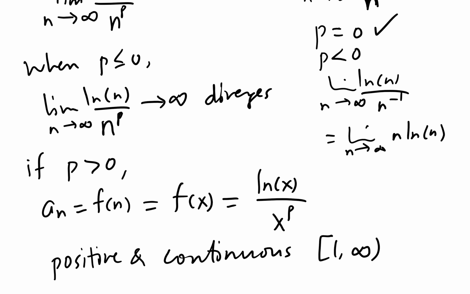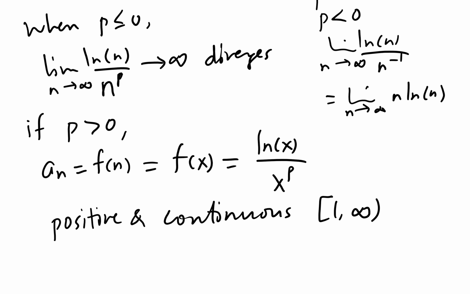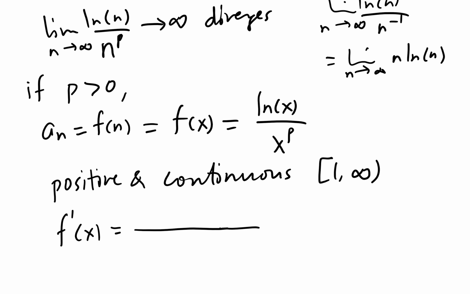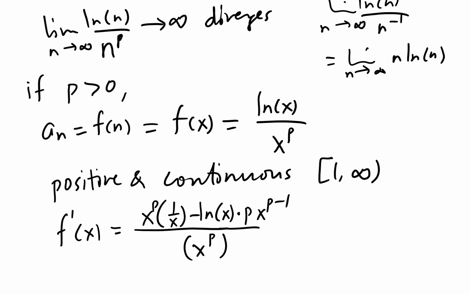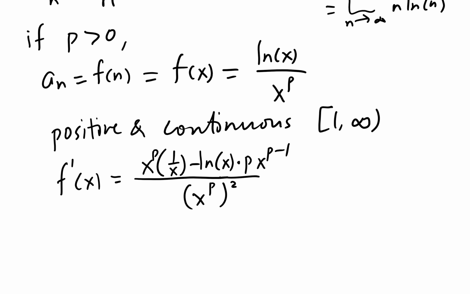Then the other thing we have to do is find the derivative for this function, which is the denominator times the derivative of the numerator minus the numerator times the derivative of the denominator, over the denominator squared. To simplify such a fraction, what are we going to do?